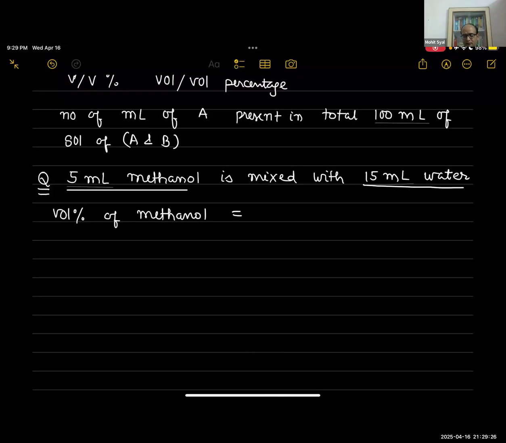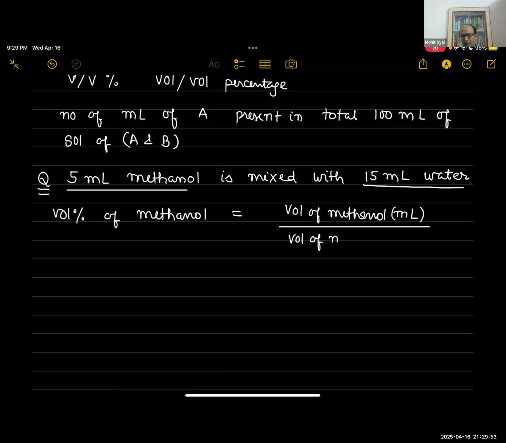And I shall keep the unit the same. If you are taking ml in the numerator, keep the unit ml in the denominator also. Got it? Yes.